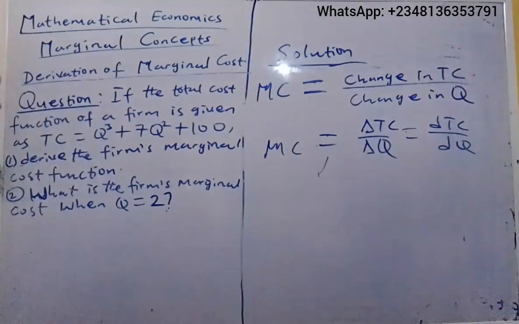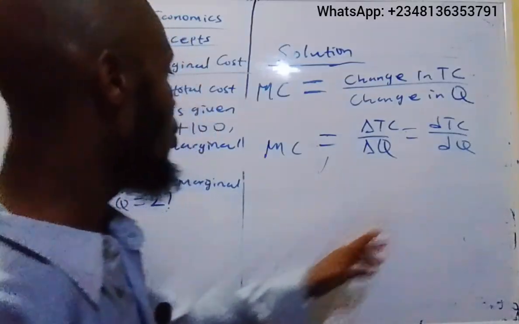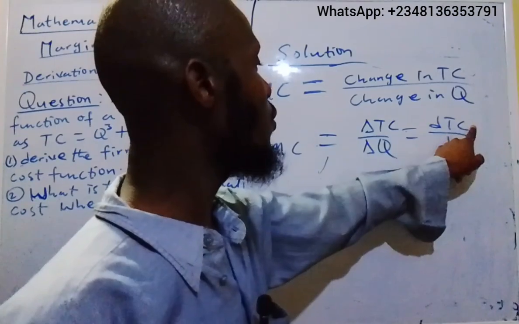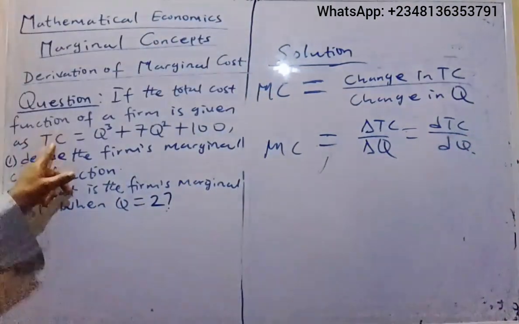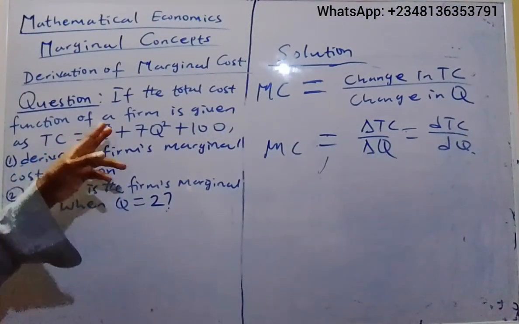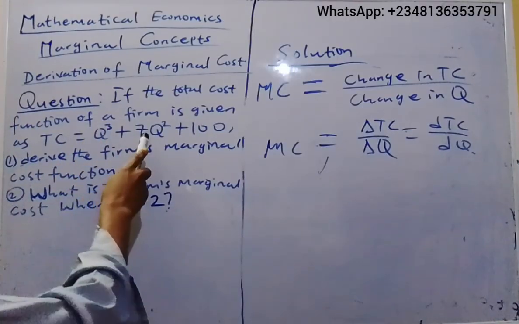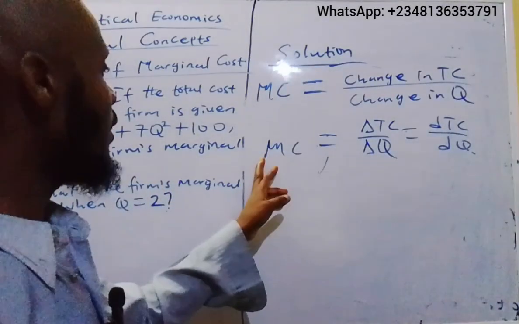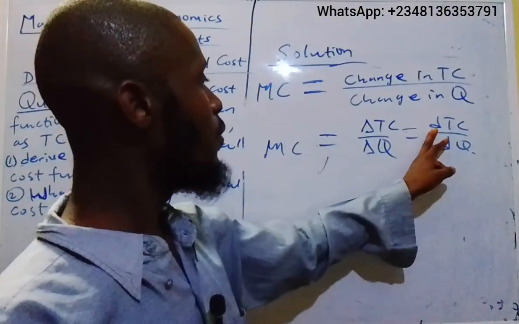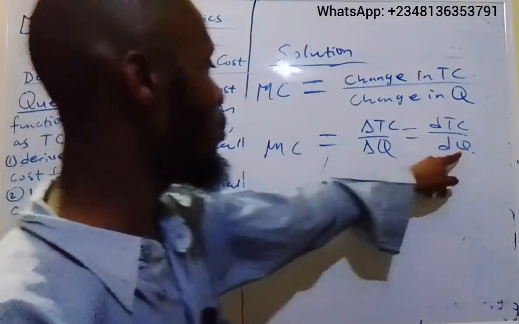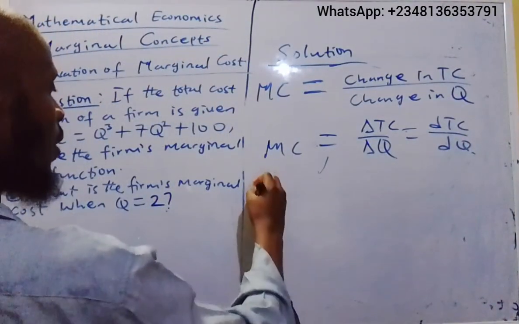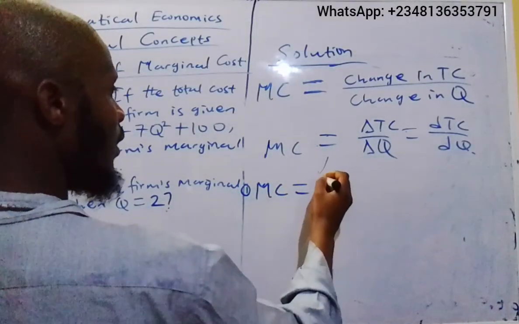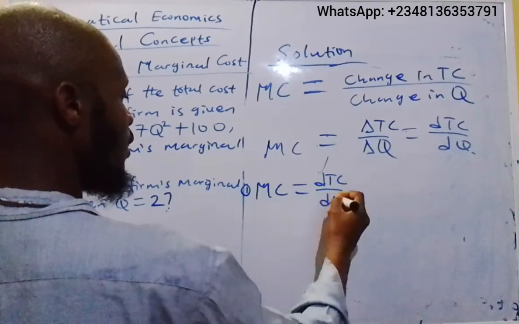So in other words, in order to derive the marginal cost function, what we are going to do is to differentiate the total cost function with respect to Q. We are given the total cost function here, which equals Q raised to the power 3 plus 7Q squared plus 100, and we are meant to differentiate this TC function with respect to Q. So in other words, our MC, the marginal cost, will be given as dTC over dQ.